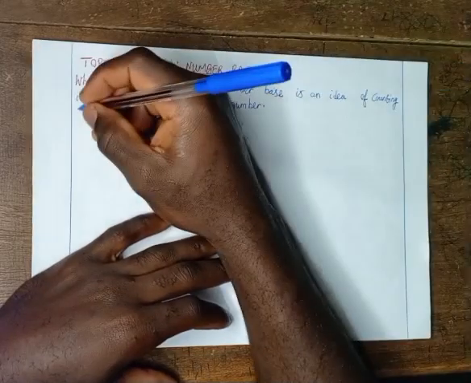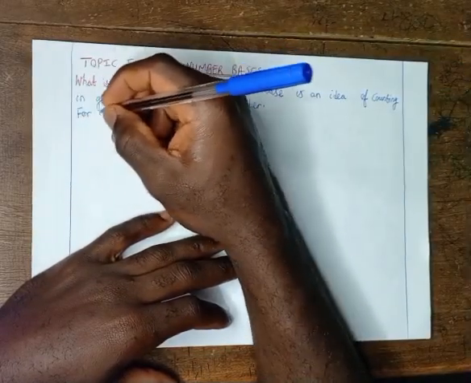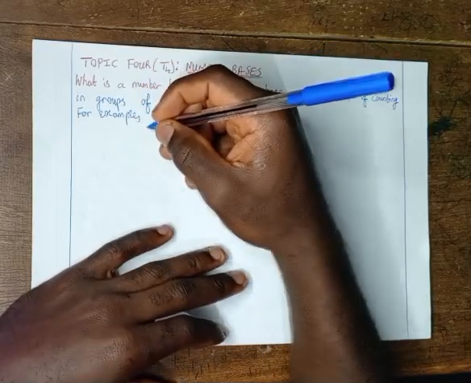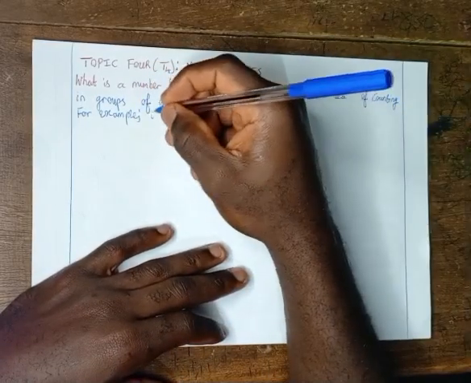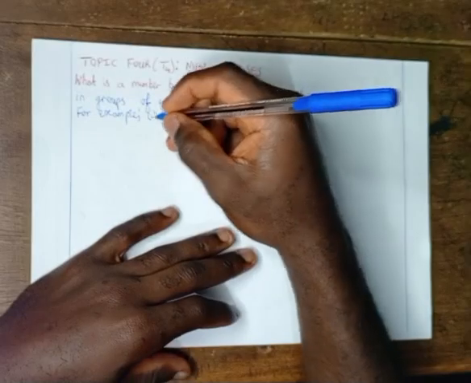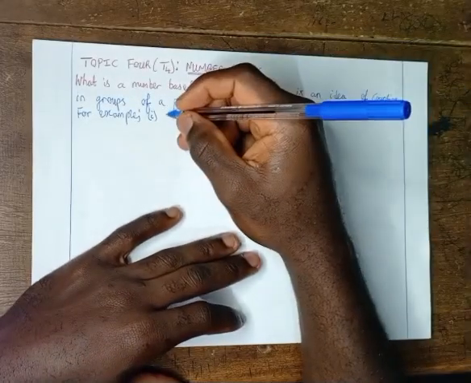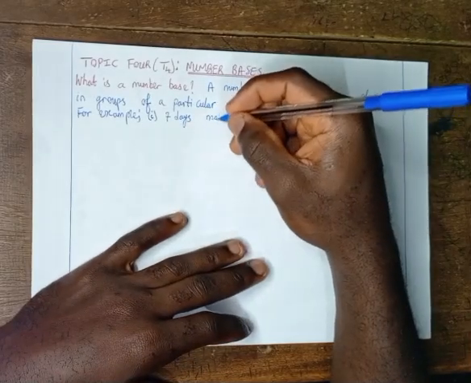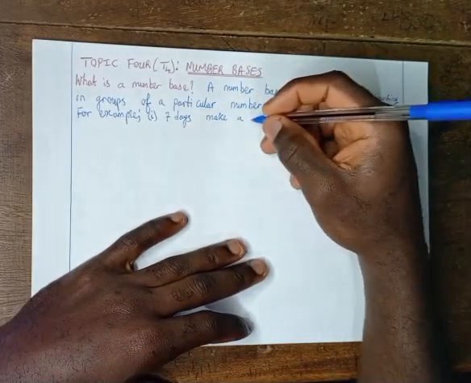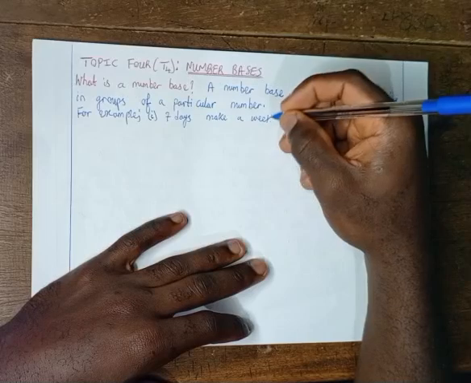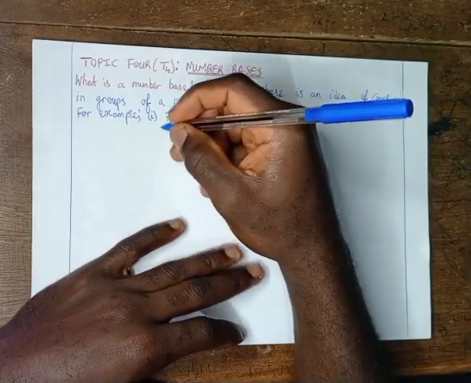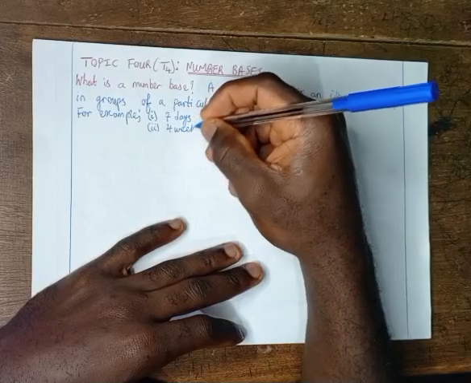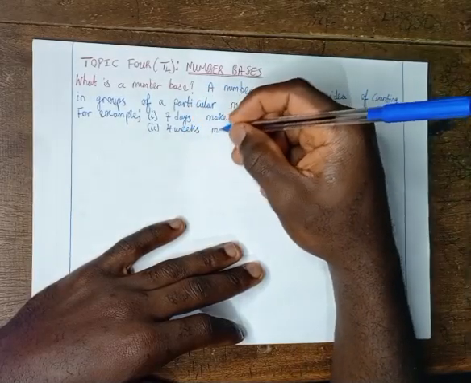Let's write down some examples. For example, cite the first one. 7 days, we know 7 days make a week. That's an application of a number base, counting in groups of 7. 2, we know 4 weeks make a month.